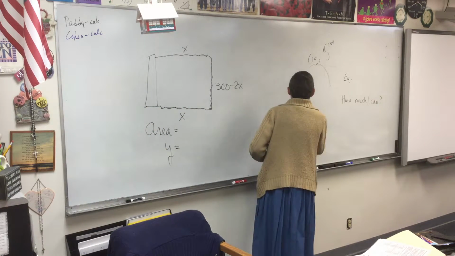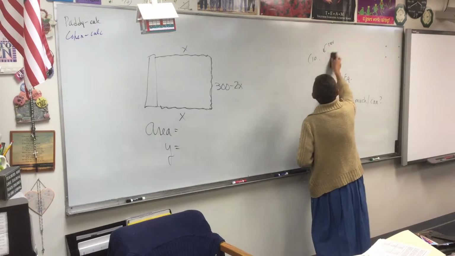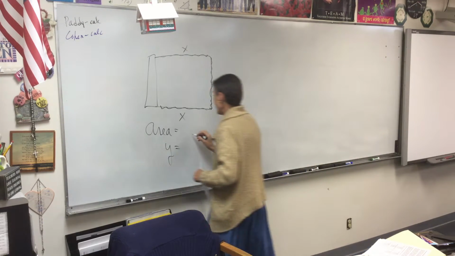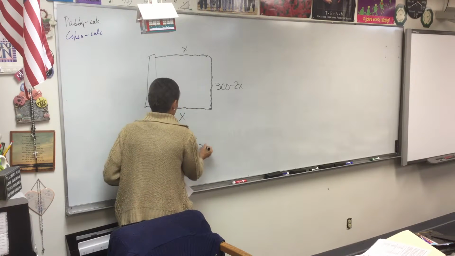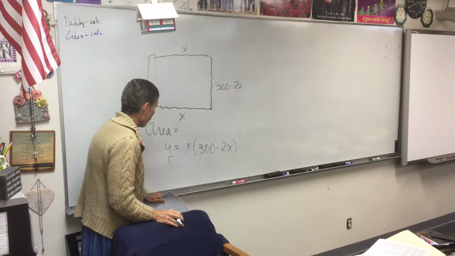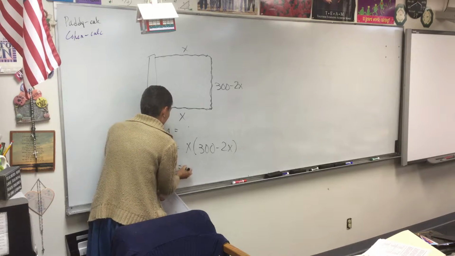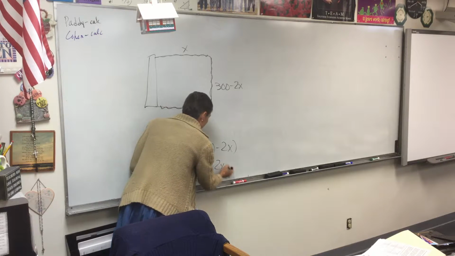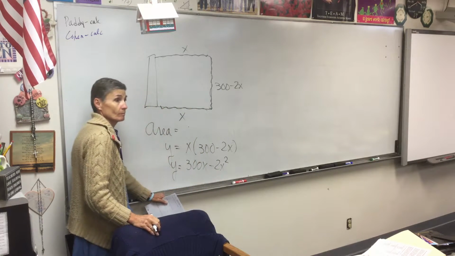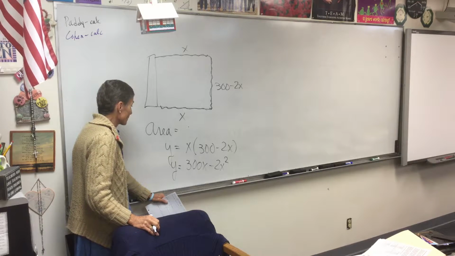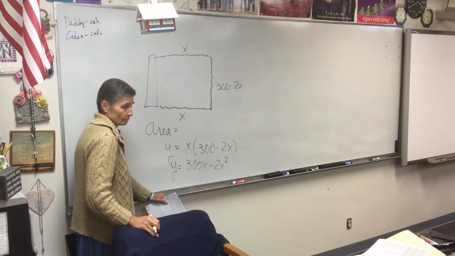So what would your equation for your area look like? x times 300 minus 2x? Or if you distributed that, multiplied it out, 300x minus 2x squared? Area is y.